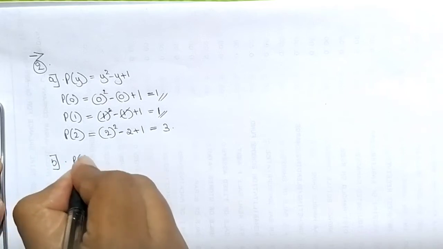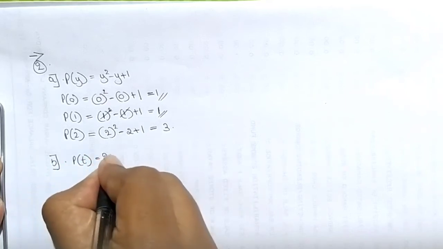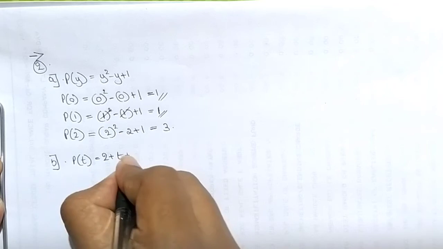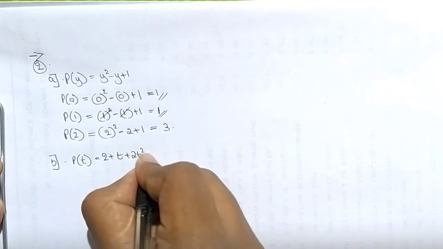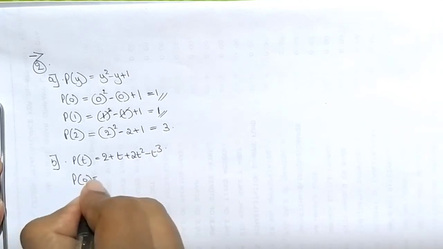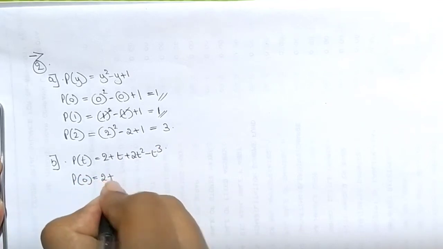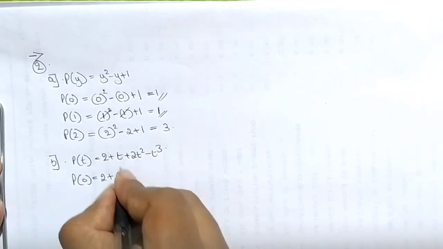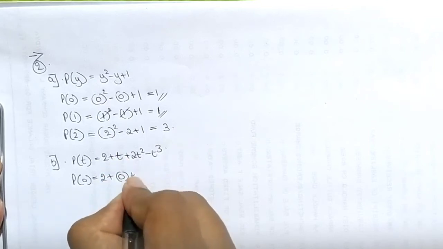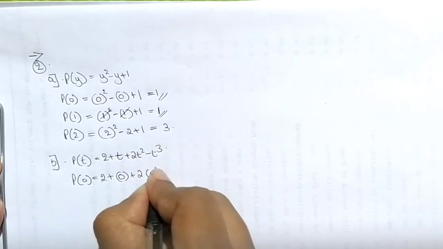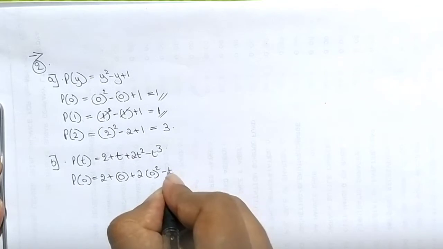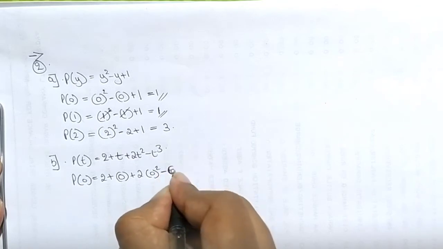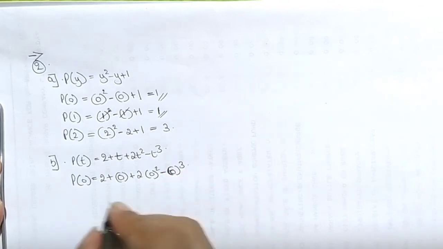Going to the second question. P of t is 2 plus t plus 2t square minus t cube. P of 0: substitute 0 in place of t. Yes, t is there, I am substituting 0. 2 plus 0 plus 2 into 0 square minus 0 cube.